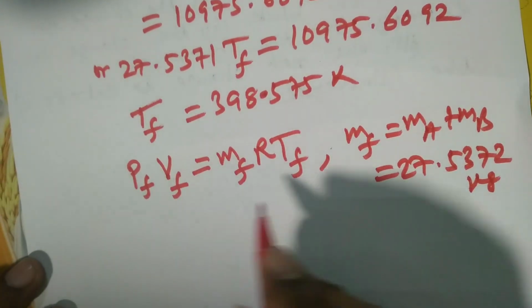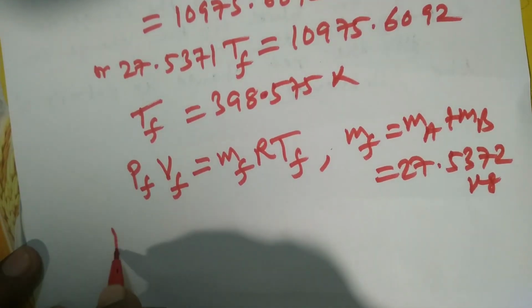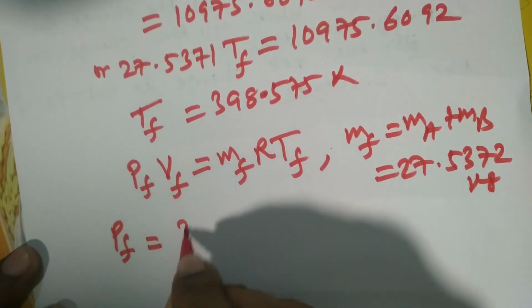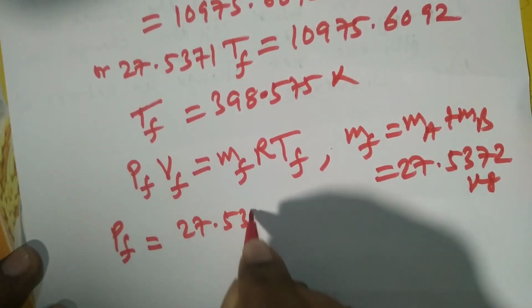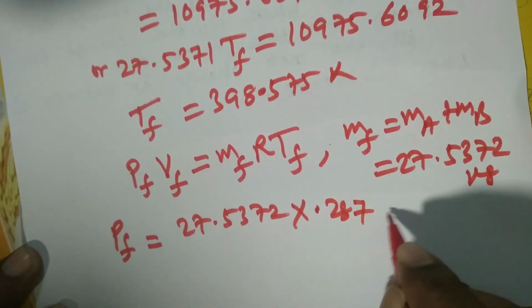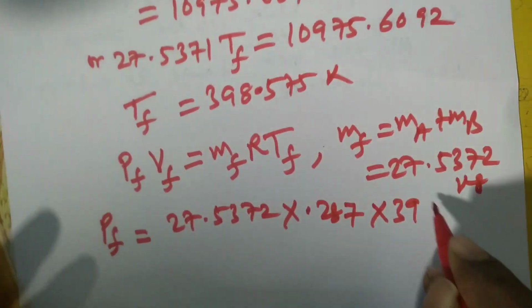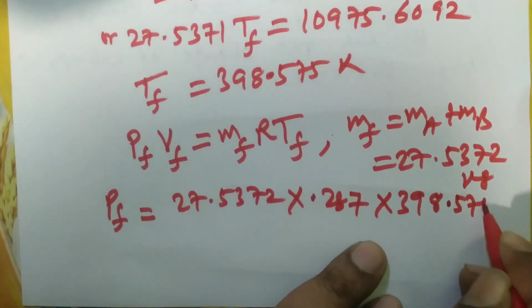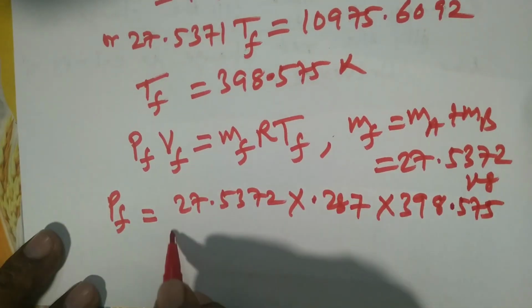So Pf is equal to 27.5372 multiplied by 0.287 multiplied by 398.575 divided by Vf.